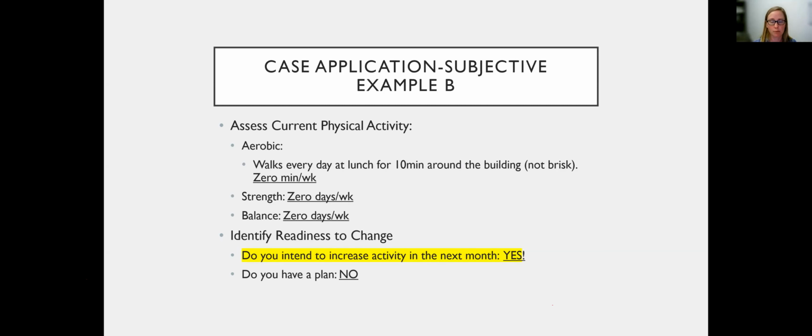Maybe this hospitalization was a wake-up call for him, and he realized that he needs to make a change. But then you ask him if he has a plan, and he says no. So that's definitely where we can step in and help facilitate that. So this identifies him at the contemplation or preparation stage. So he's definitely thinking about it, but he needs some guidance with that.